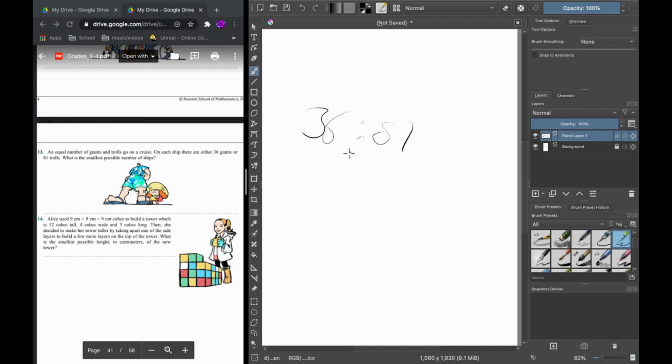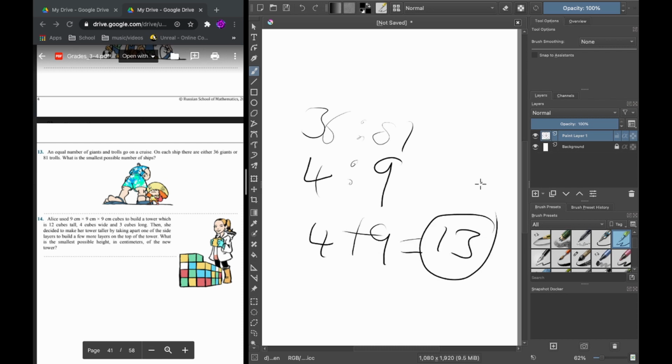So I'm using ratios right here. When we simplify this, let's use the 9 times table, and we'll get 4 and 9. And then what we would do is 4 plus 9, which equals 13. So the answer would be 13.